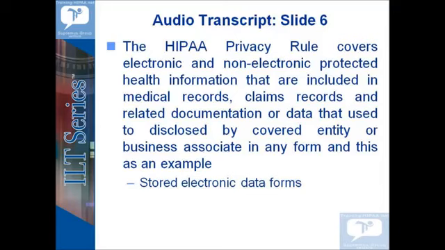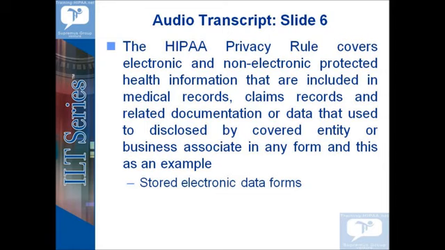The HIPAA Privacy Rule covers electronic and non-electronic protected health information that is included in medical records, claims records, and related documentation, or data that's used or disclosed by a covered entity or business associate in any form.